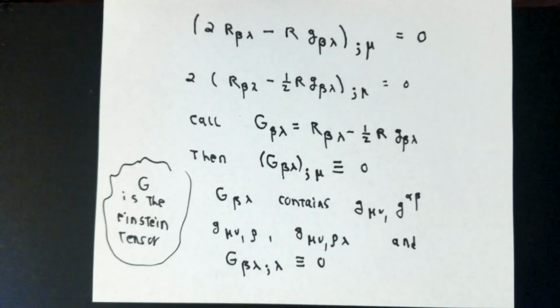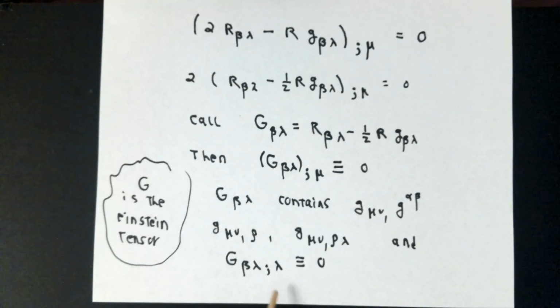So what do we know? What is the deal with these G beta lambda quantities? They depend on the components of the Ricci tensor. The Ricci tensor is found in terms of the components of the curvature tensor. The curvature tensor is built out of components of the metric, both in the upstairs and downstairs position, the derivatives of such things, and the second derivatives of such things.